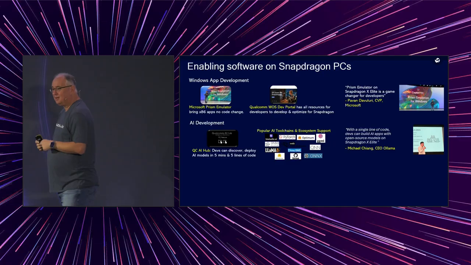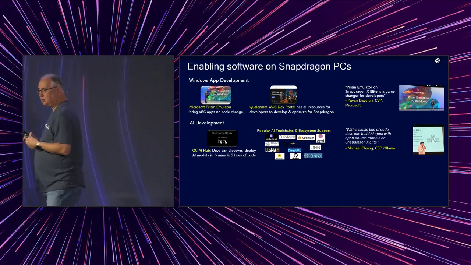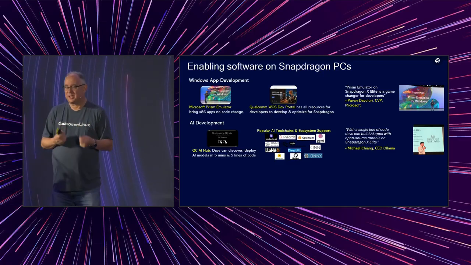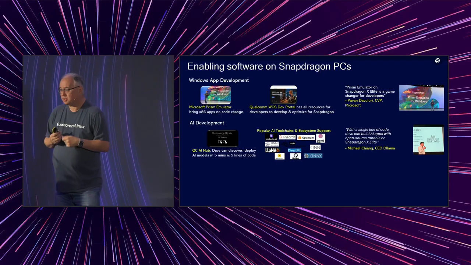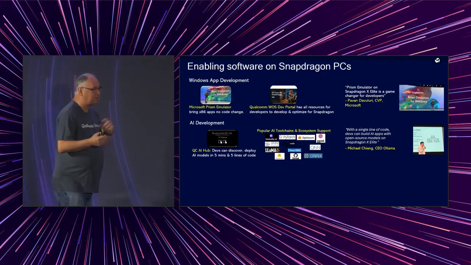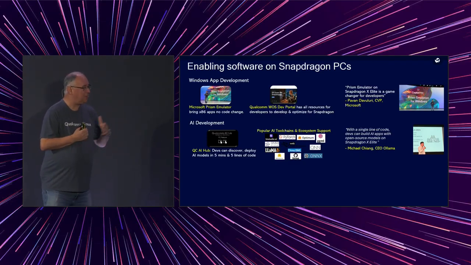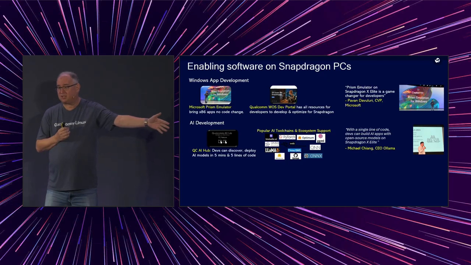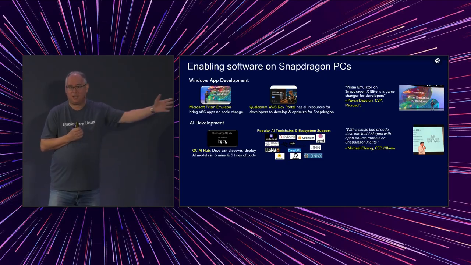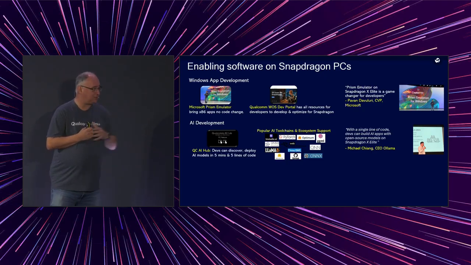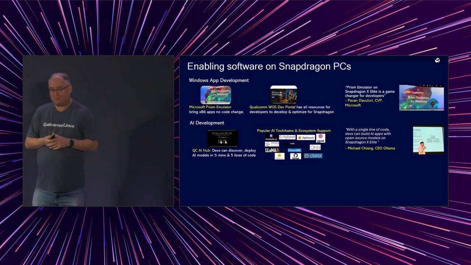As I said, every part that Qualcomm ships has an AI accelerator in it of some shape. Some are bigger, some are smaller, depending on the function. So putting all the tools out, working closely with Microsoft on that ecosystem, getting the ONNX runtimes and all of that supported, that's been a lot of effort.